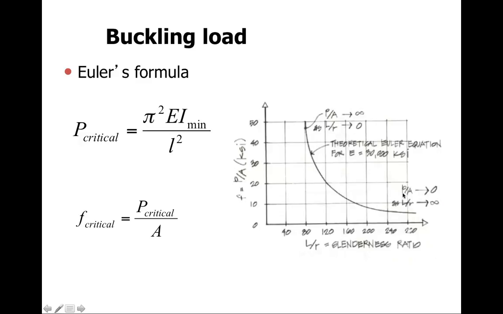As we get more and more in this direction, we're into a case where we have to be concerned about buckling. On the other side here, we're really more concerned about crushing loads. Here, this formula would apply: P over A has to be less than F critical, or the allowable crushing load for the material.